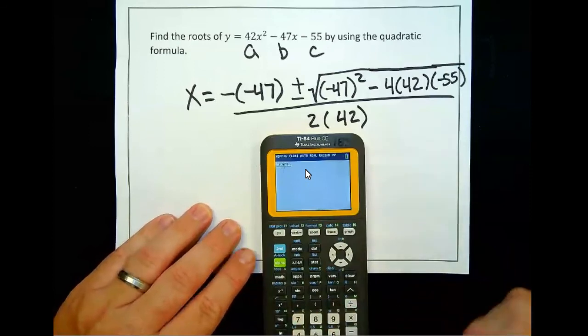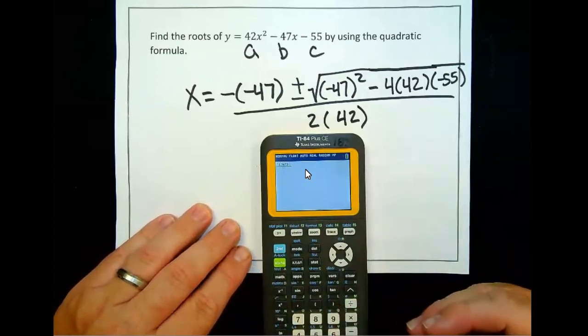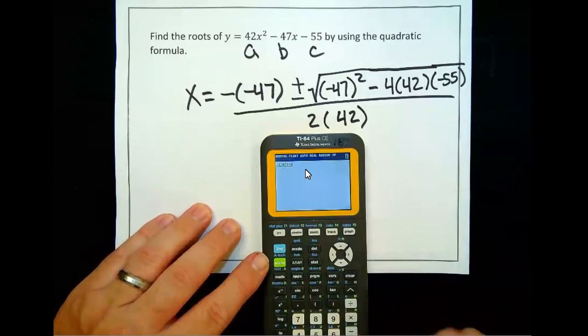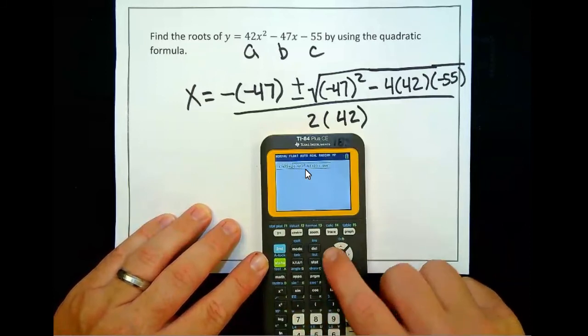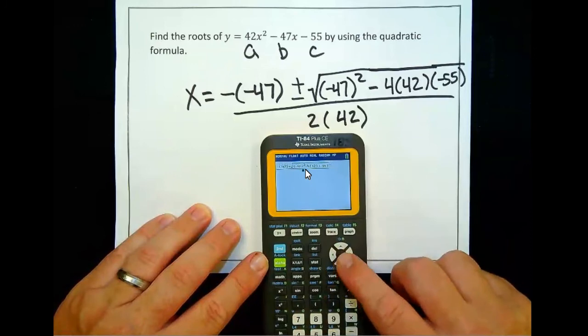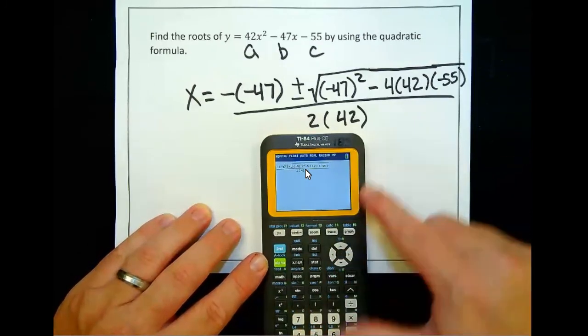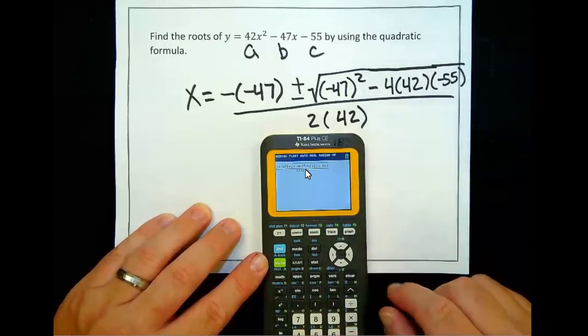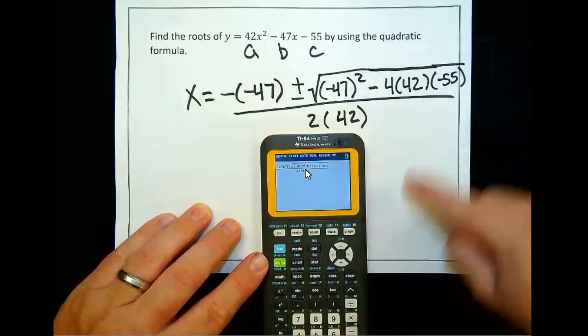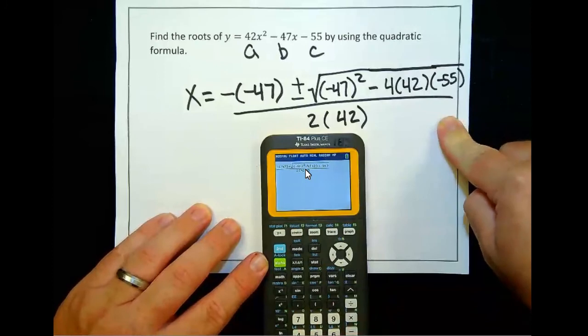Now, the plus or minus, I can't do the plus or minus. I have to do them separately. So plus the square root, parenthesis, negative 47 squared, minus 4 times a times c, all over 2a. So I've plugged it in on the calculator exactly like it looks on my page.